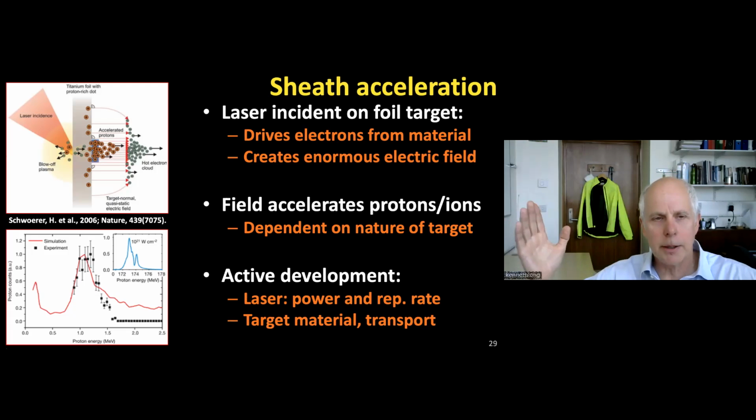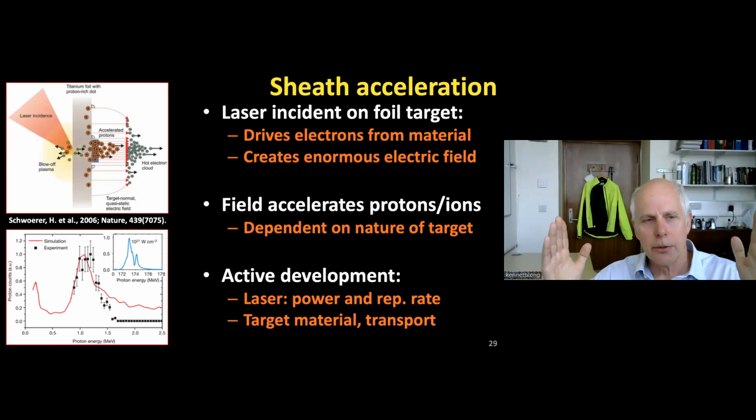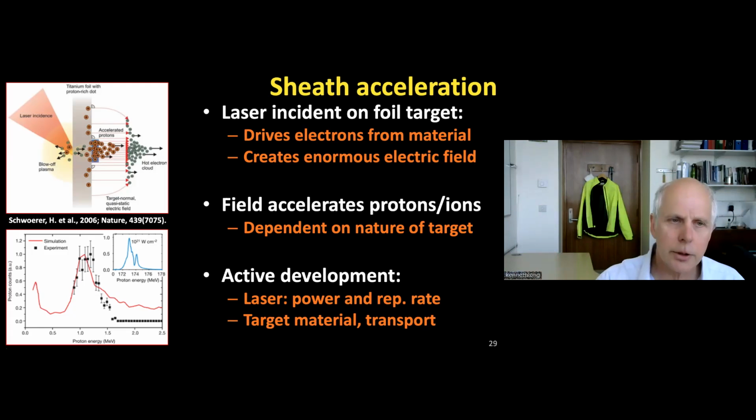So you're separating the electric charge of those electrons you've driven out of the foil from the positive charges which remain. That potential is then able to suck ions from the surface. If you've got hydrocarbon type deposits on the surface, the protons from there can be ripped out and accelerated by the space charge which is created by the electrons which are running away.